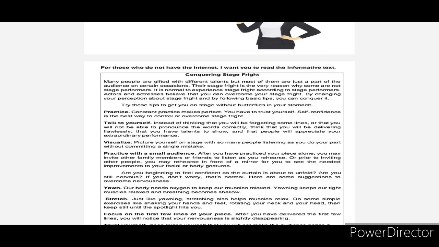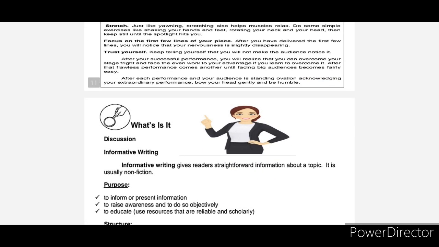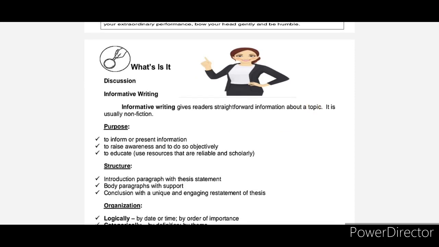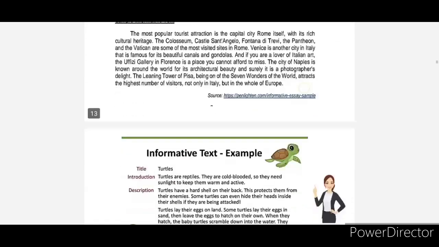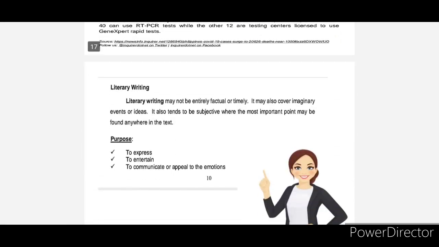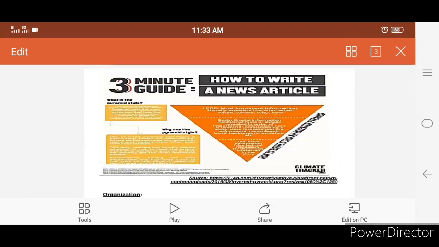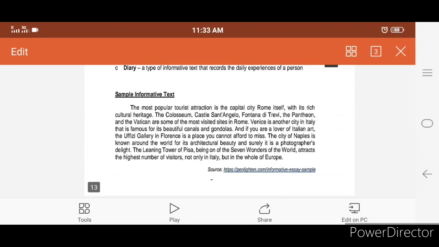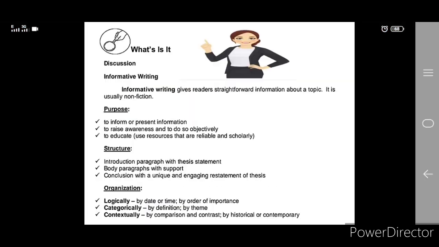Now we move on in the discussion. Okay, deeper understanding of the 3 types of writing or text. So what are those again? Very good. So we have informative writing, journalistic writing, lastly is literary writing. Okay, so let's have a recall. What is an informative writing?